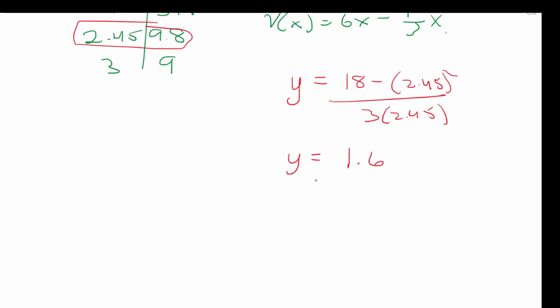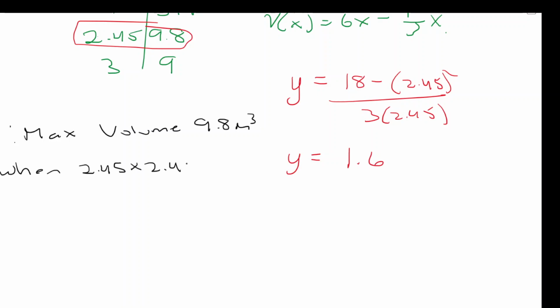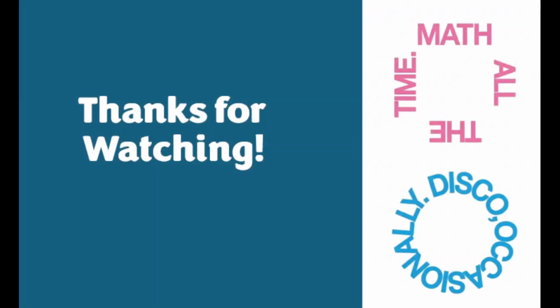I know I'm being inconsistent with my decimals. And therefore I can say, therefore the max volume is 9.8 meters cubed when the dimensions of the box are length, width, and height. So that is the answer to that problem. I hope this was helpful, and keep doing math.